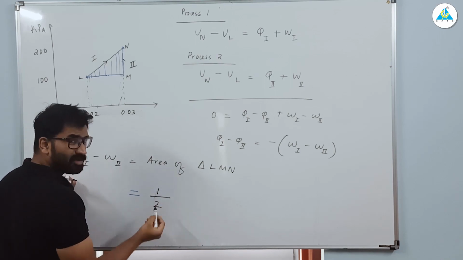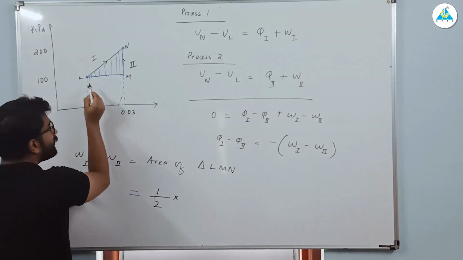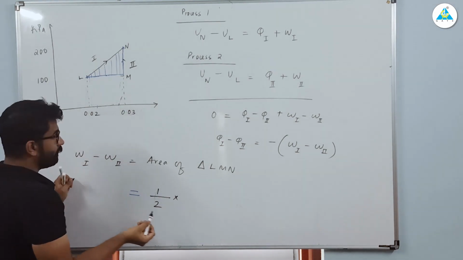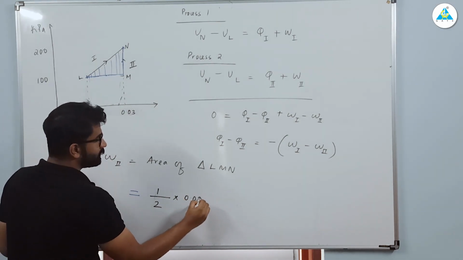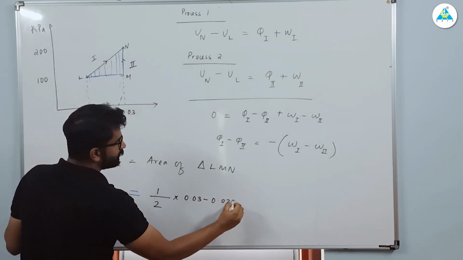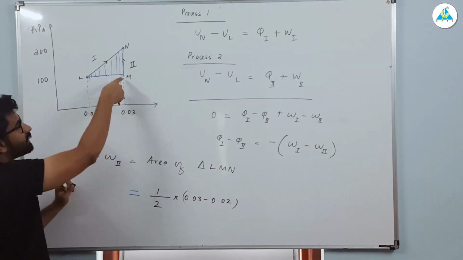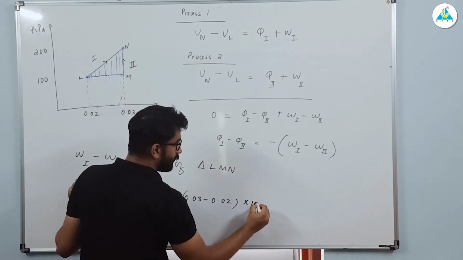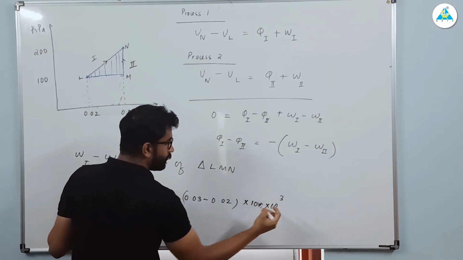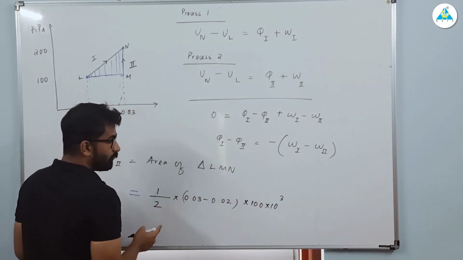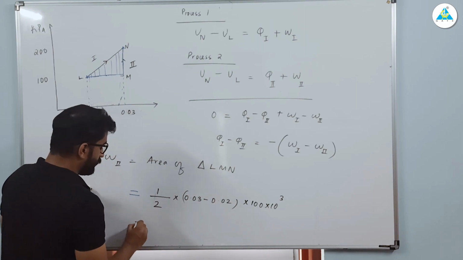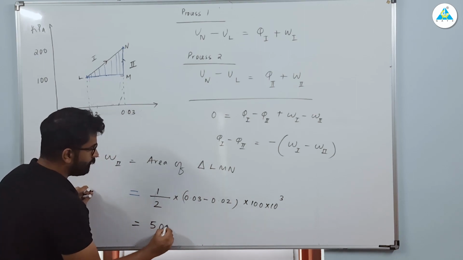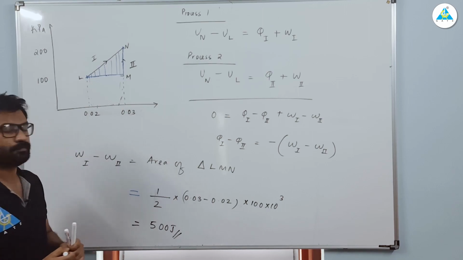Half into B into H. What is the base? Base is Lm. What is Lm? 0.03 minus 0.02. What is H? H is Mn. Mn is 100 kilopascal, that is 100 into 10 power 3. So 100 into 0.1, that is 1000 divided by 2. What will be the answer? Answer will be 500 joule.